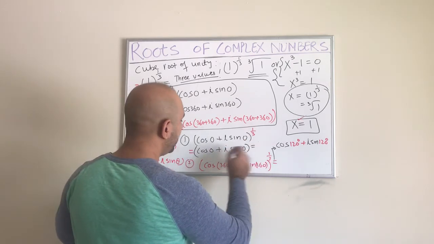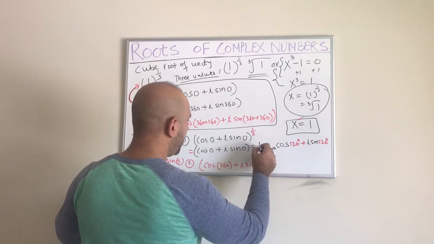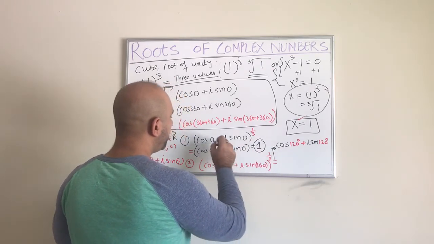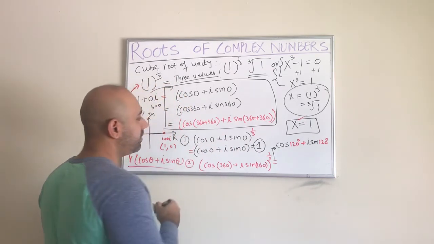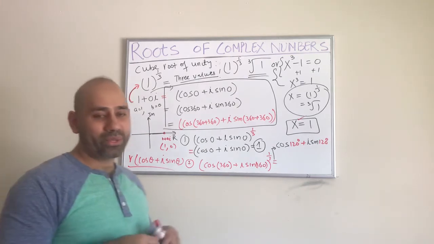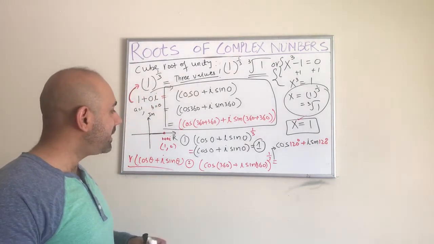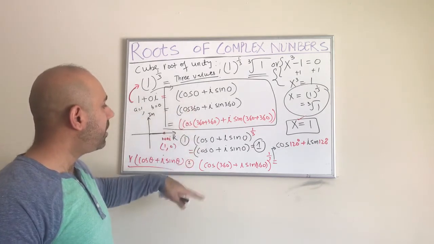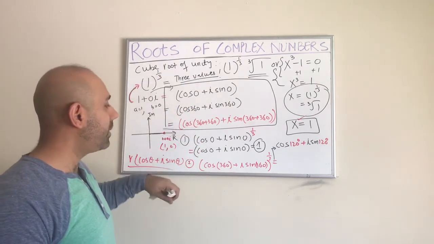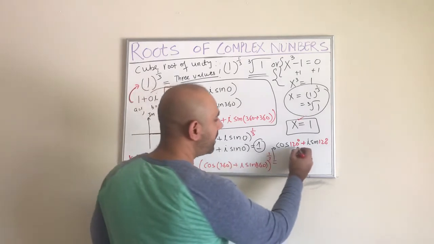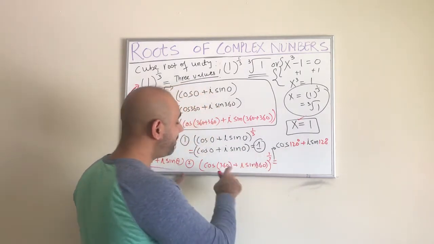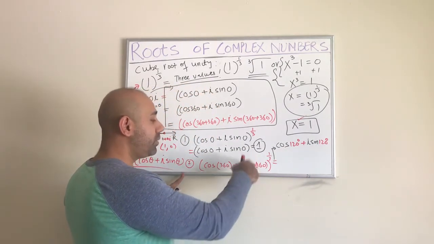So when I simplify this, I get just a 1. So I think we should use the de Moivre's theorem here as well in the first step. Although we could have done it just without using that as well, because it was very simple. But guys, let us be consistent. We are using de Moivre's theorem for all three of them when we are raising it to the power 1/3. Now from here, cosine 120 plus I sine 120, that is the value when I raise this 1 to the power 1/3.